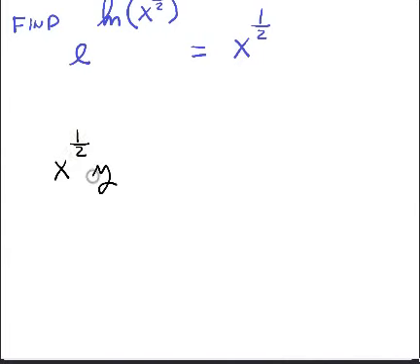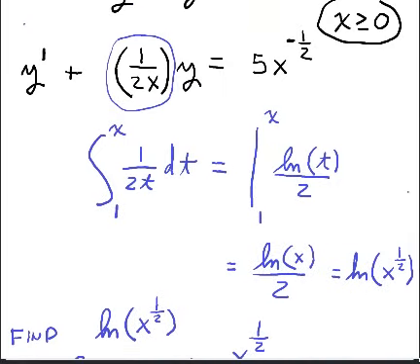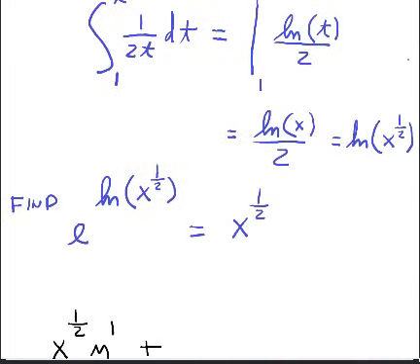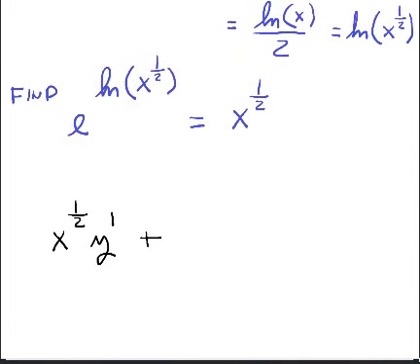Plus, going back up there, notice we have this 1 over 2x, so a 1/2 still remains. So I get 1/2 y, but now I get an x to the minus 1/2.